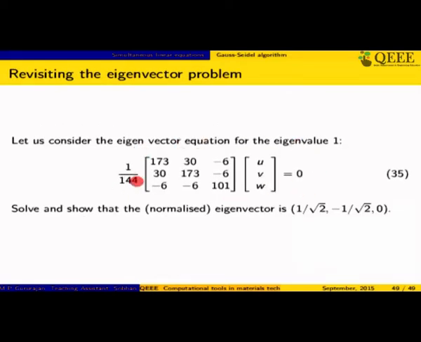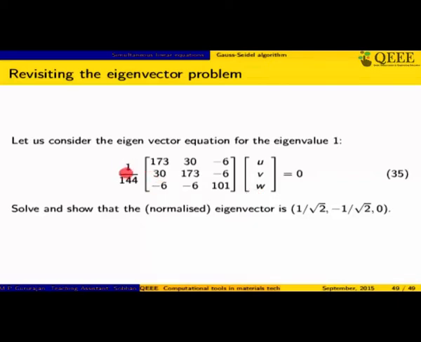You have now a set of simultaneous linear equations. So we are revisiting the eigenvector problem. If we solve it, then we are done with solving simultaneous linear equations. Because we haven't done any hand computation today till now, this is probably a good place to start. So this is the eigenvector equation.